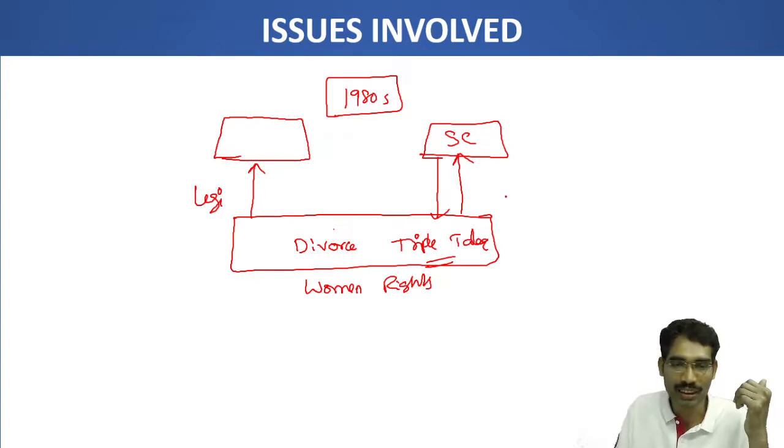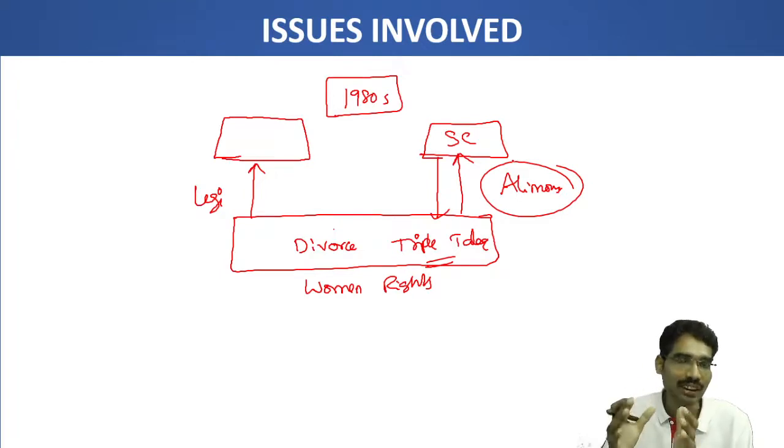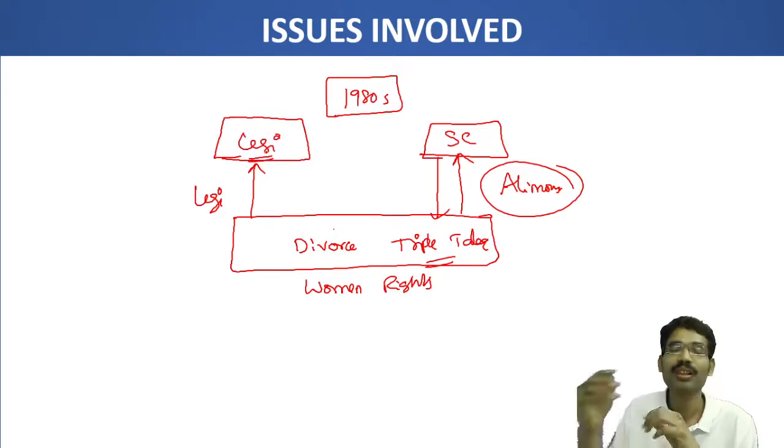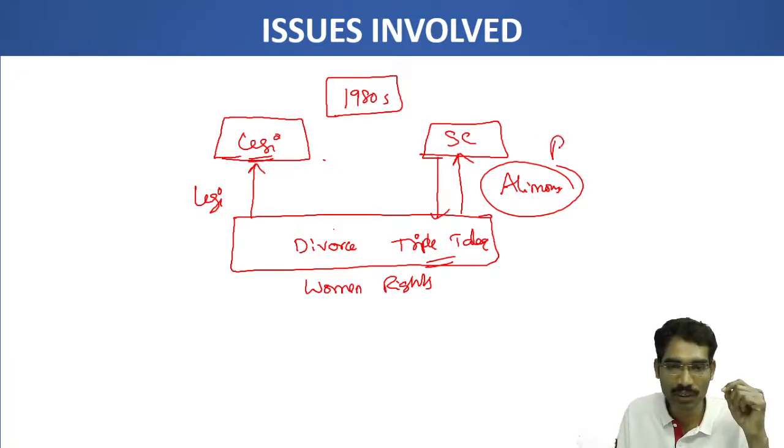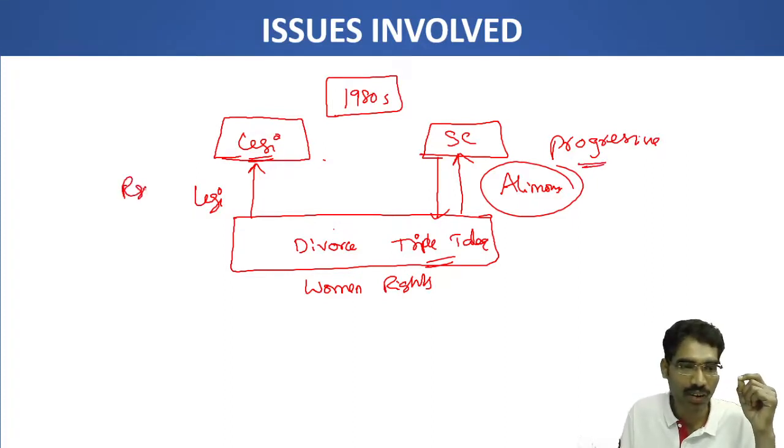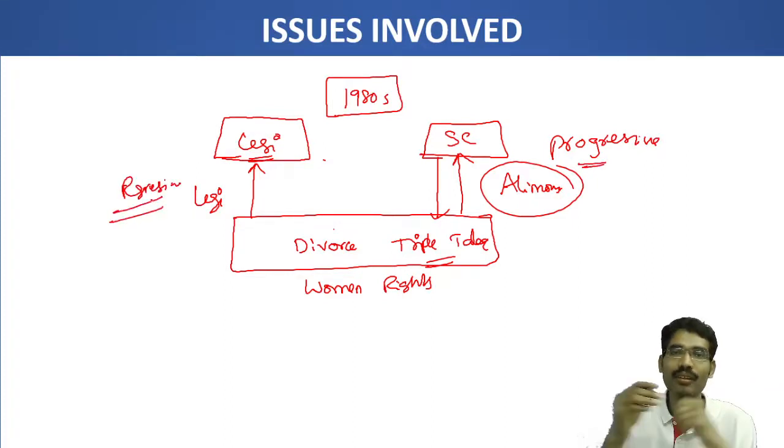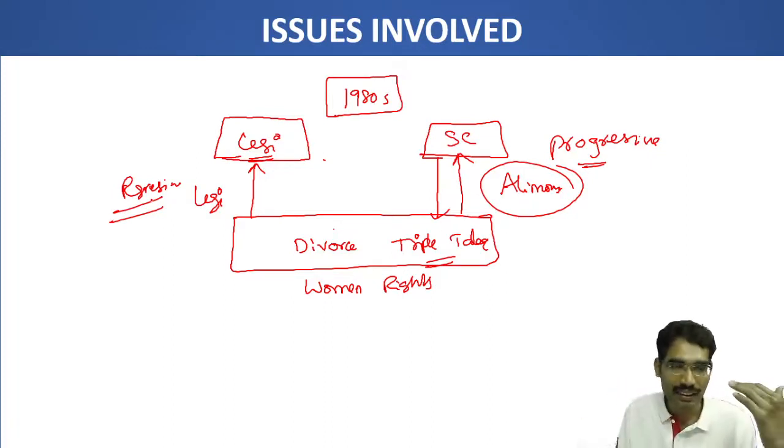So the Supreme Court said that she should be given alimony so that she can maintain her life and dignity in society. But the legislature nullified this order by passing a law. Even though the Supreme Court judgment was progressive in nature, it was nullified and the law was regressive in nature. The legislature said that it was interfering in the internal matters of religious beliefs, so it nullified the issue.